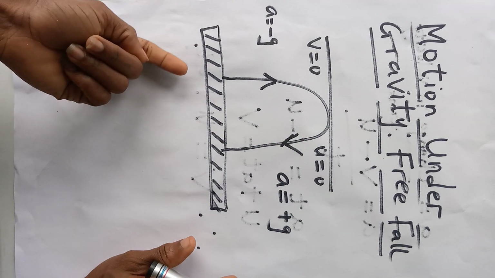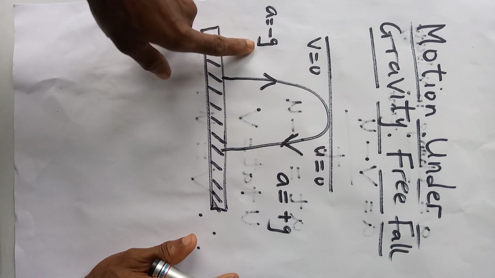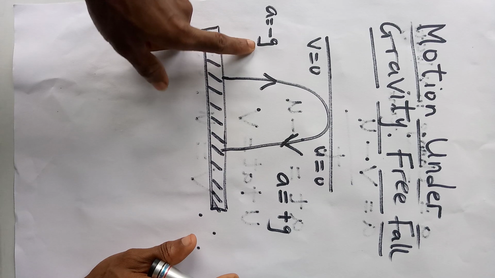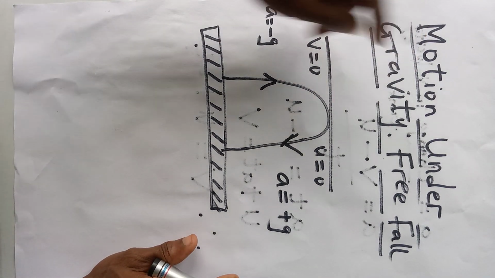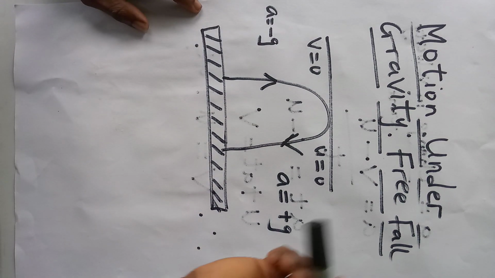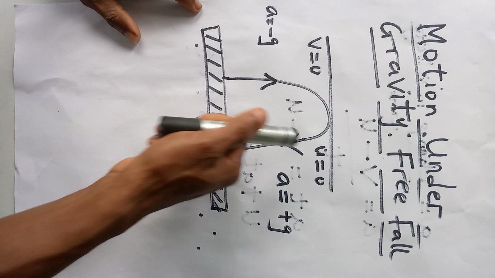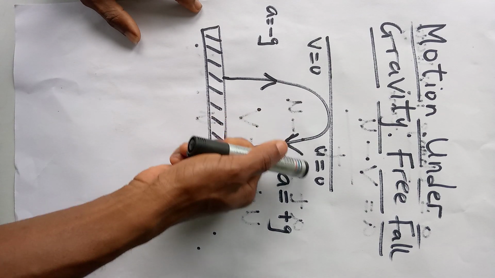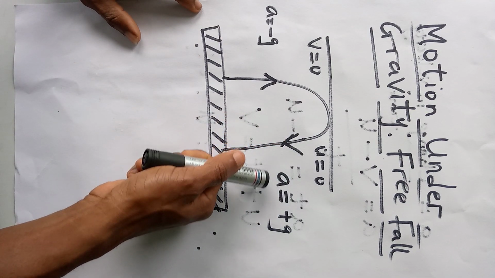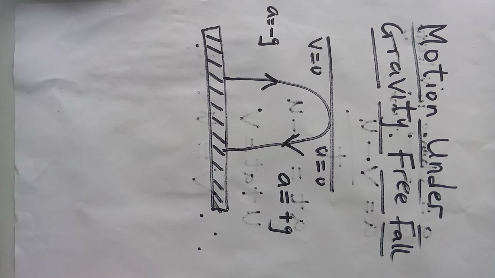Okay, when an object is thrown to a height, our acceleration will be replaced by negative g, and at the maximum height, our final velocity equals 0. And when an object is released from a height, falling down, our initial velocity U equals 0, acceleration equal plus g.